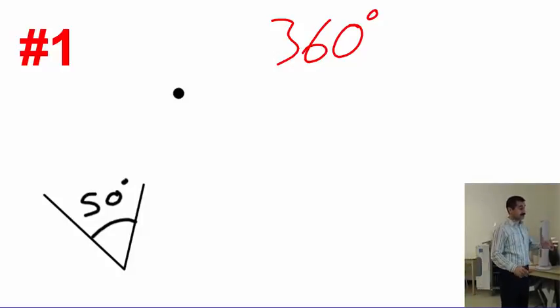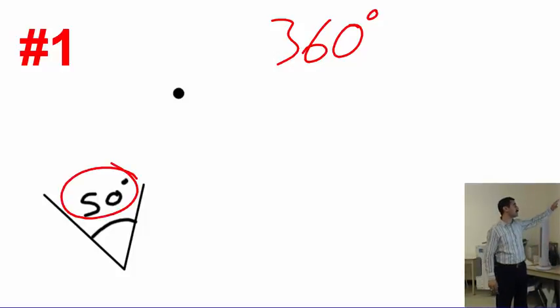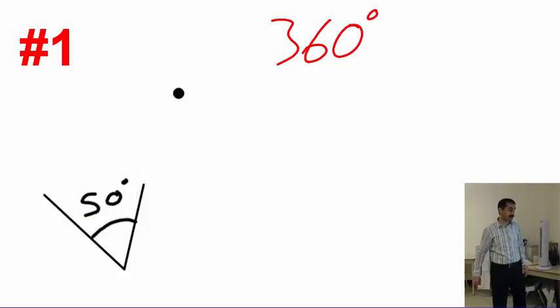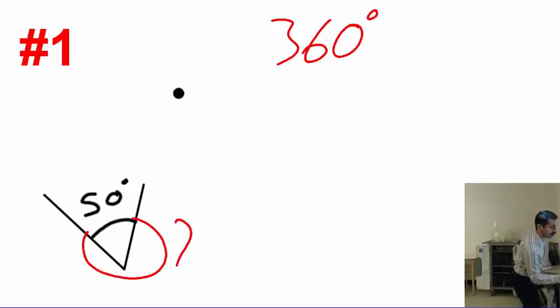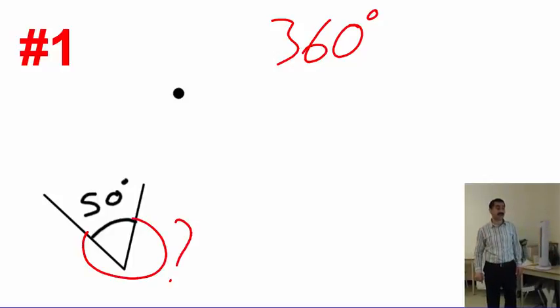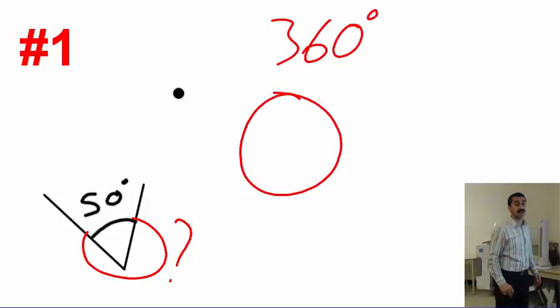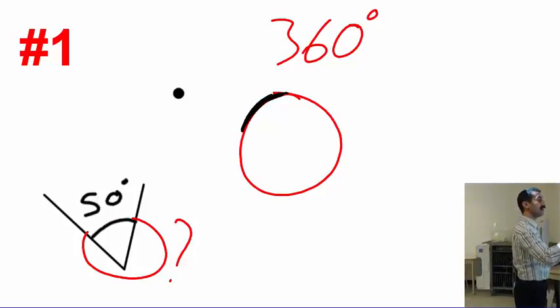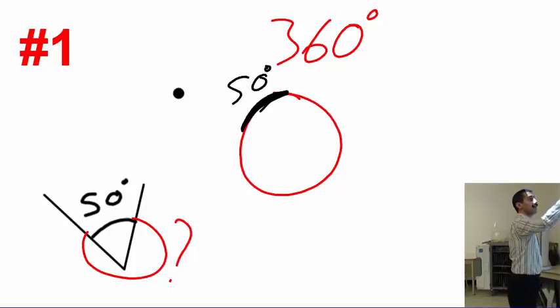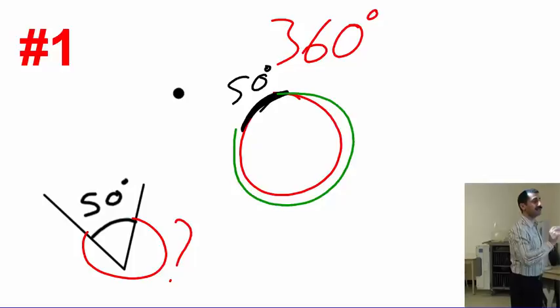So if you get a degree here, as you can see, it's giving to us, it says it's 50 degree. All right. So what type of question you can get from here? How about the rest of it? What degree is that? Since we know everything's supposed to be 360 degree, and the question gives us that this part is 50 degree, so it is actually asking the rest of it.